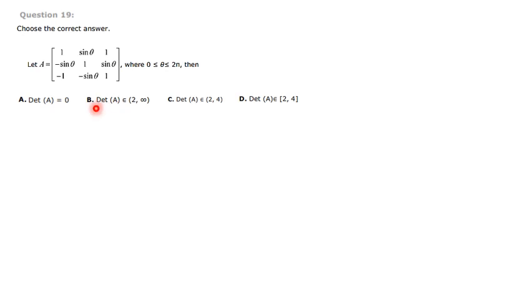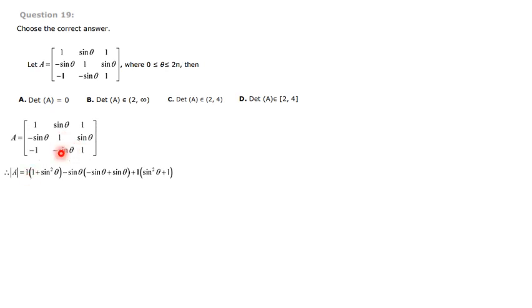Here determinant A is mentioned, so we have to calculate determinant A. Let's take the given matrix as A. Then determinant A: 1 into that particular row and column is gone. 1 into 1 is 1, minus into minus is plus, sin theta into sin theta is sin square theta.